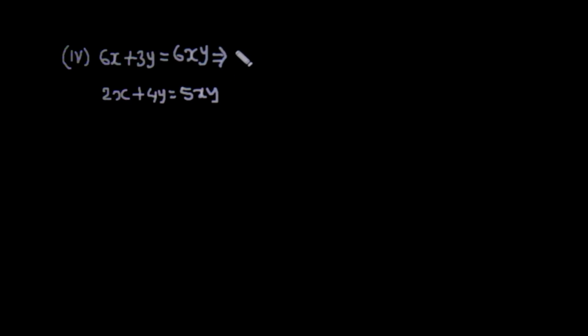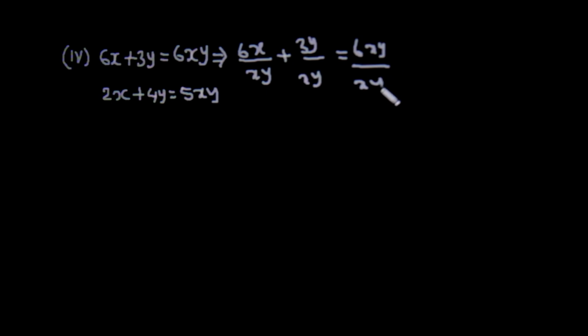See, simply divide all the terms, 6x by xy, 3y by xy is equal to 6xy by xy. x gets cancelled, y gets cancelled. Here x gets cancelled, y gets cancelled.